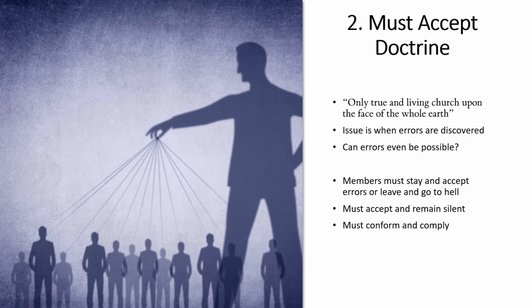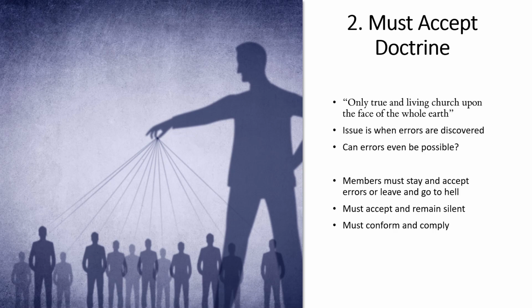Number two, must accept doctrine. In the LDS Church, we are told many times that the church is the, quote, only true and living church upon the face of the whole earth, end quote. This is a misunderstanding of Doctrine and Covenants section 1.